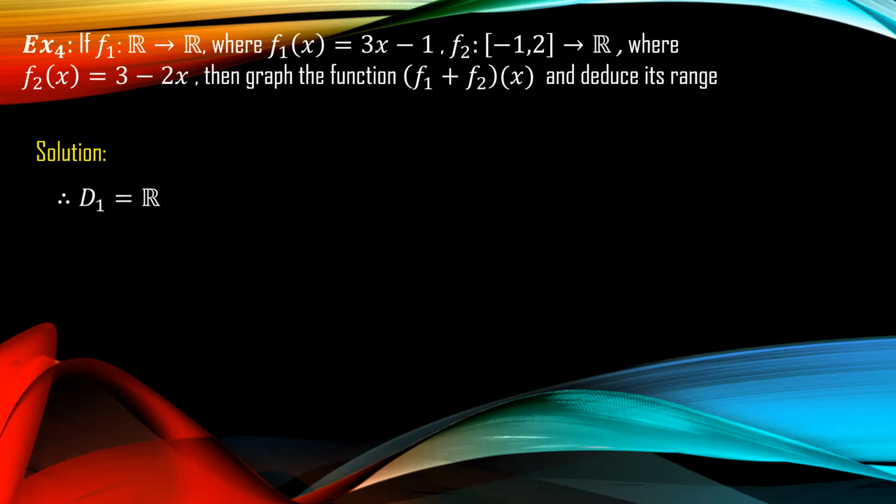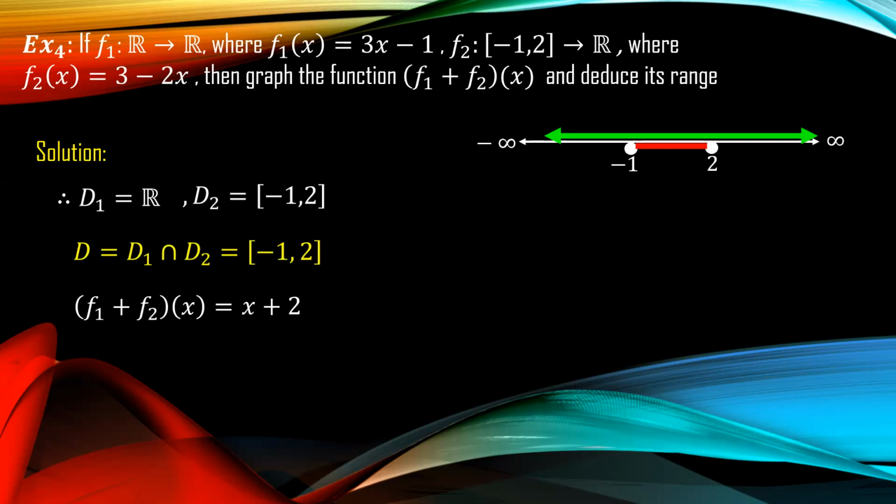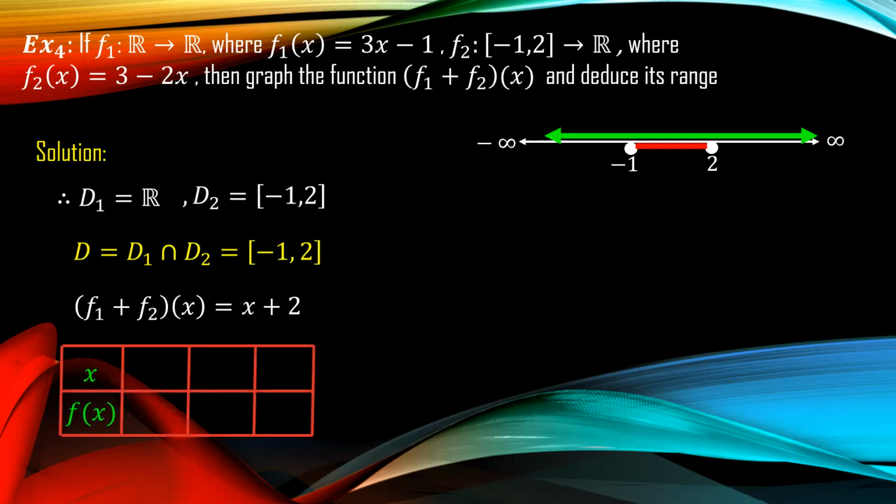Solution: the domain of the first function is R, while the domain of the second function is the closed interval negative 1 and 2. So f1 plus f2 of x equals x plus 2, and its domain is the intersection of the two domains, equals the closed interval negative 1 and 2.